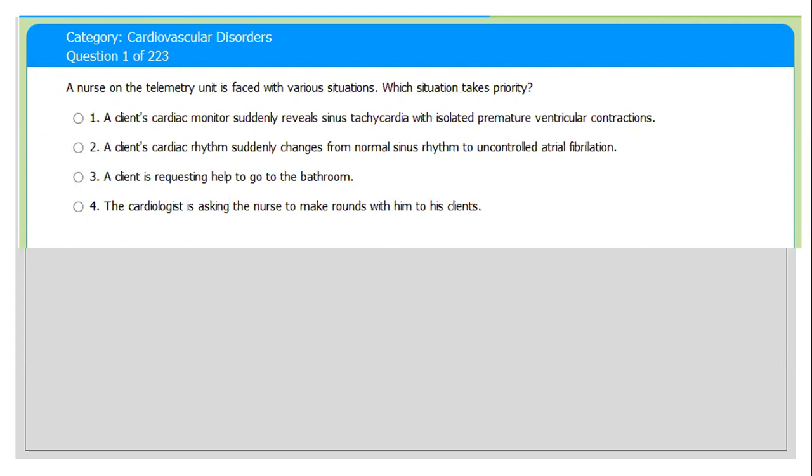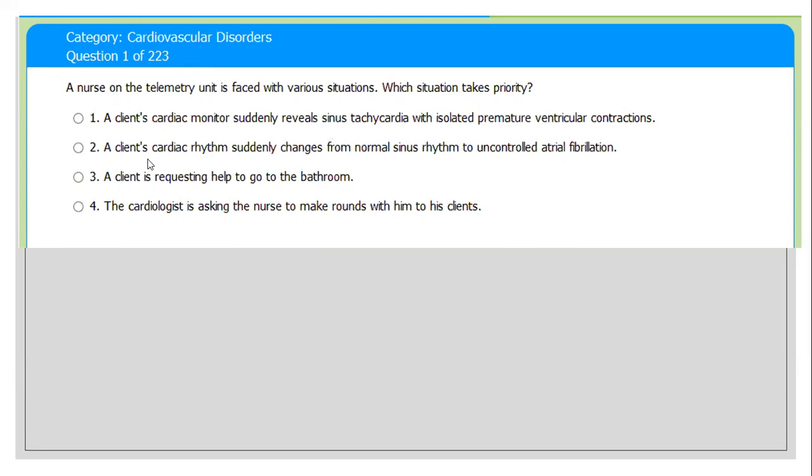I would say sinus tachycardia is a fast but steady increase in the heart rate, where the sinoatrial node sends electrical signals at a quick rate. Easy. Sinus tachycardia means a faster heart rate whose origin is the sinus or SA node.